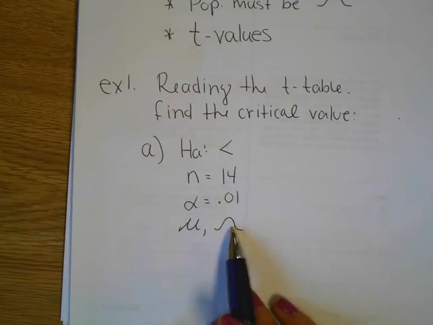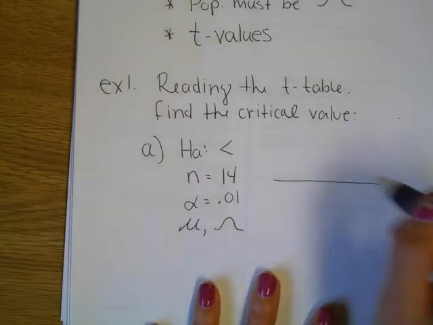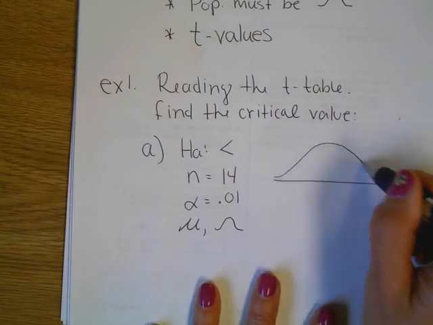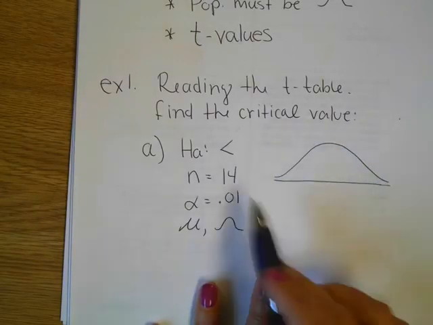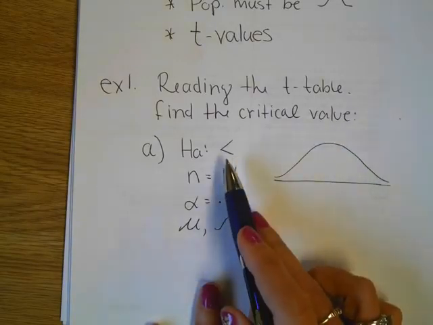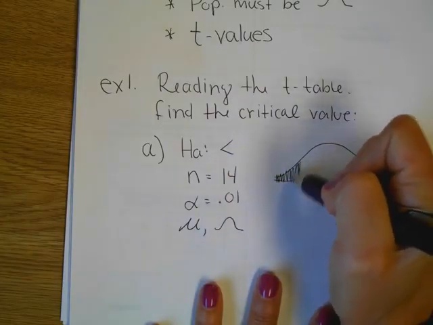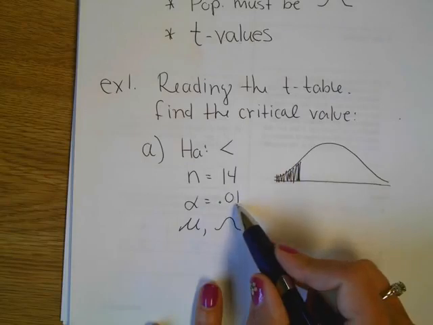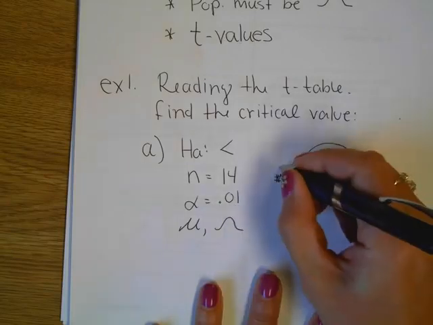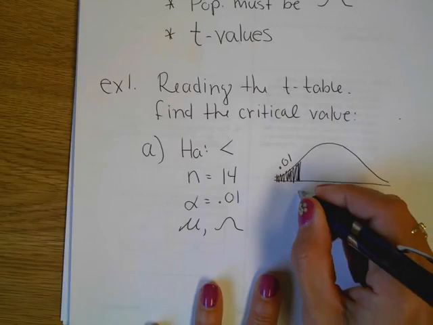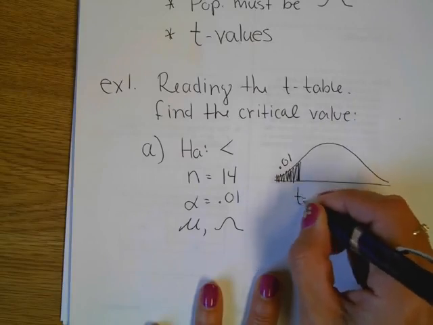So we know we're going to use the t-table. Just like yesterday, your rejection region is determined by the Ha. With a less than, it's over here. It's equal to the alpha value. And we want this t value.